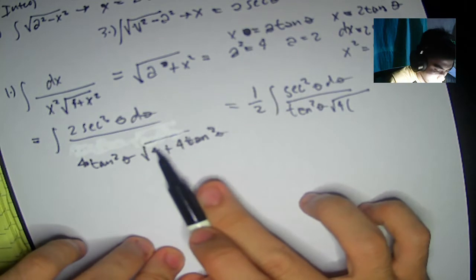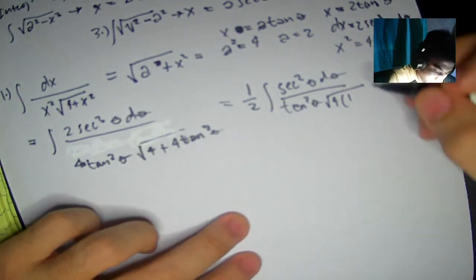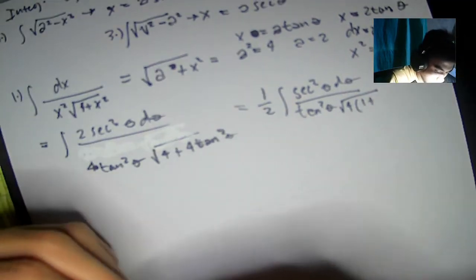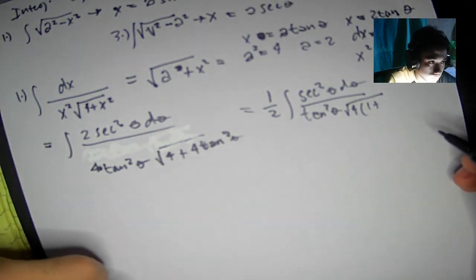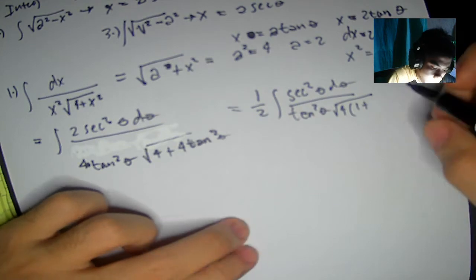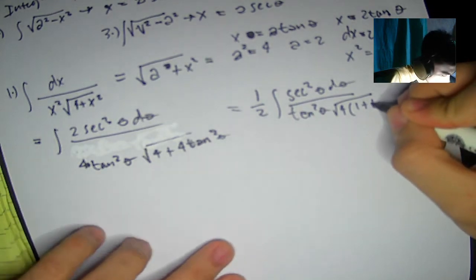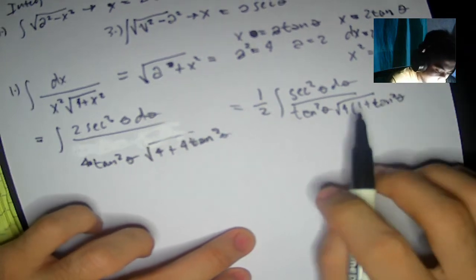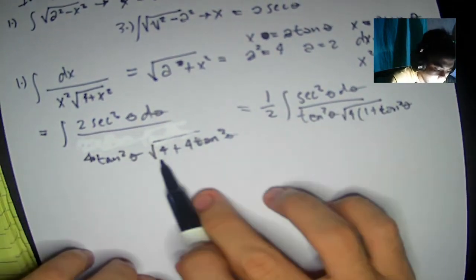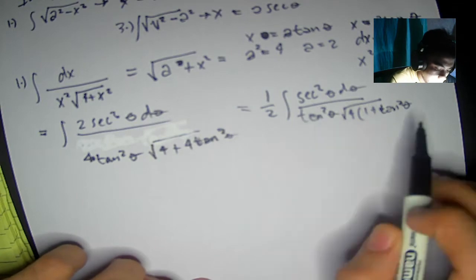So you have 4 here, so let's have 1 plus, let's see what we have, 4 and this one, tangent squared theta. If we multiply, 4 times 1 is 4 plus 4 tangent squared.